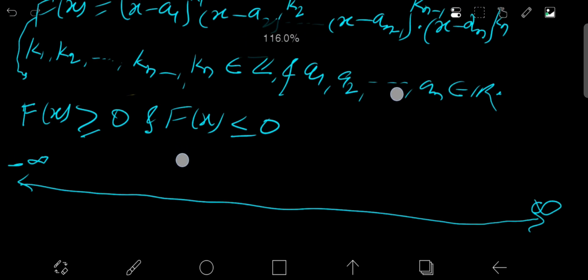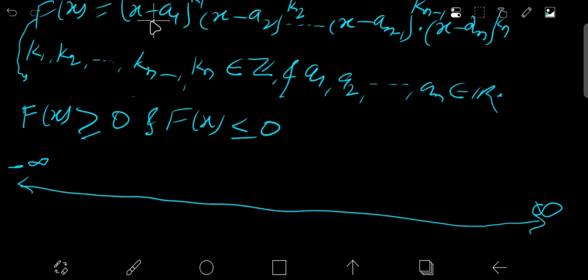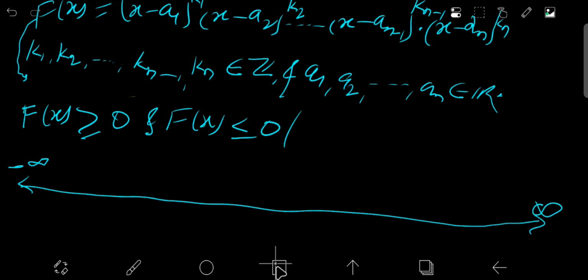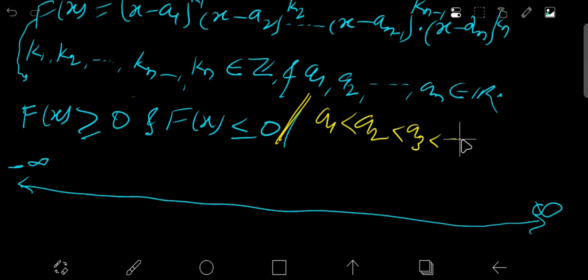Now we look at these factors, these are all factors, and here one condition is given. The condition is that a1 is less than a2, less than a3, less than dot dot dot, less than an.